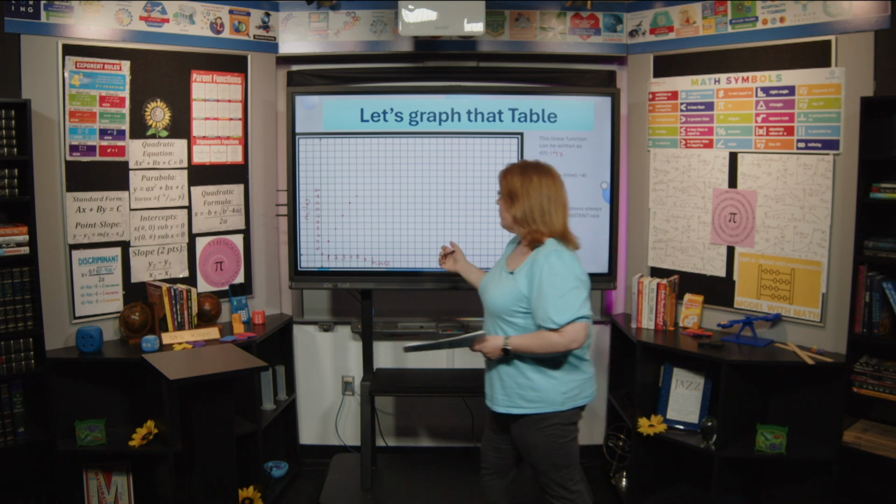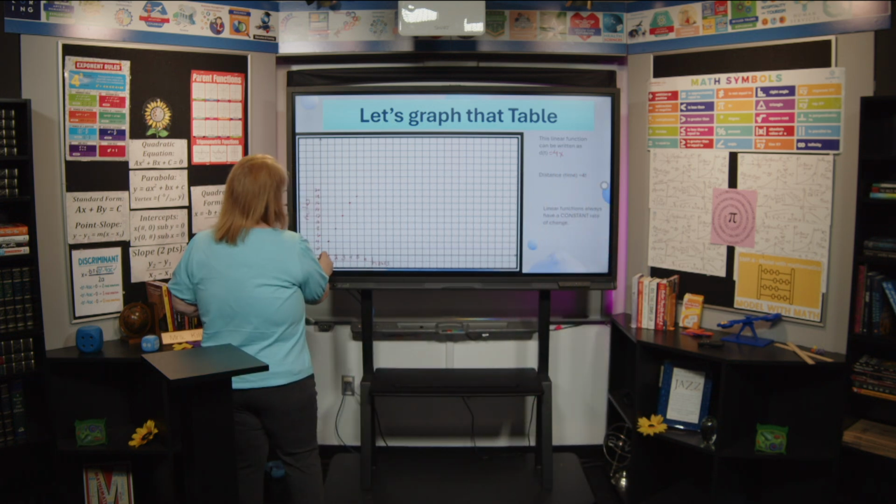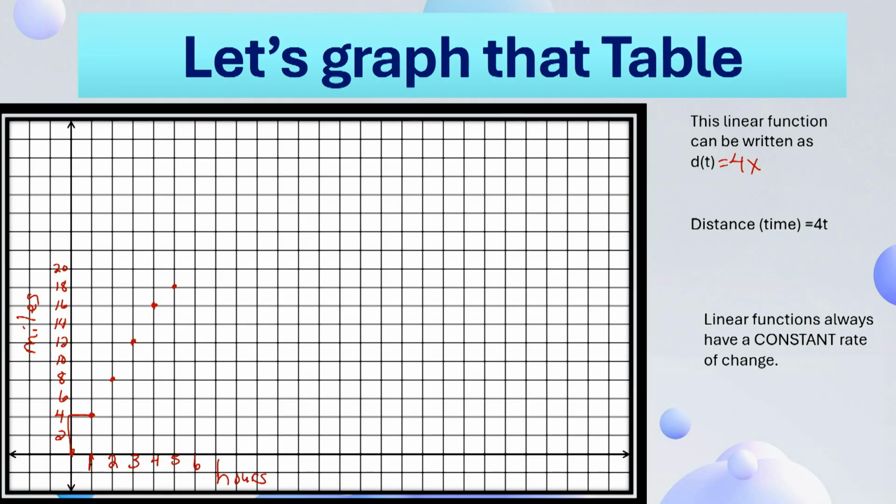Let's go and see. I had up 4 over 1 for my first point, up 4 over 1 for my second point, up 4 over 1 third, up 4 over 1 fourth. I didn't do it correctly. It should have been 20. That was a good catch.